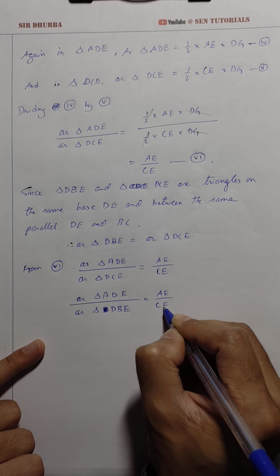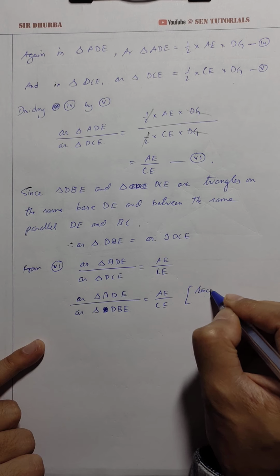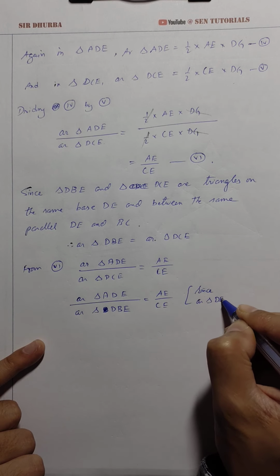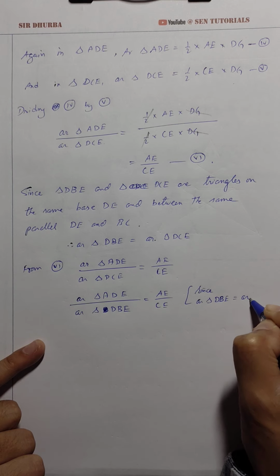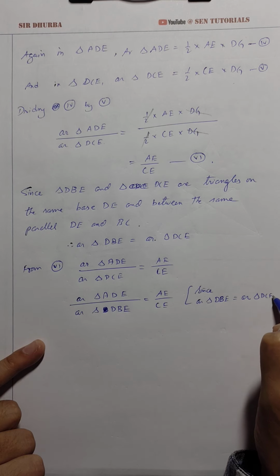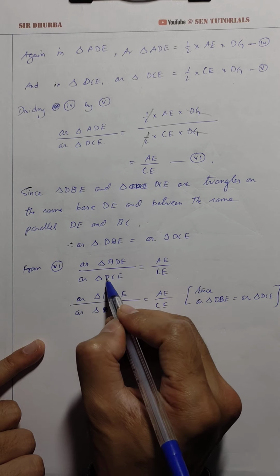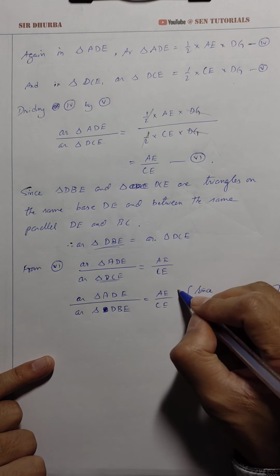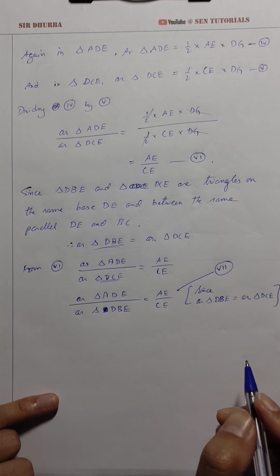Why not? Because just now we have proved that area of triangle DBE is equal to area of triangle DCE. So instead of DCE, I can write area of triangle DBE. So let's mark this as equation number 7.